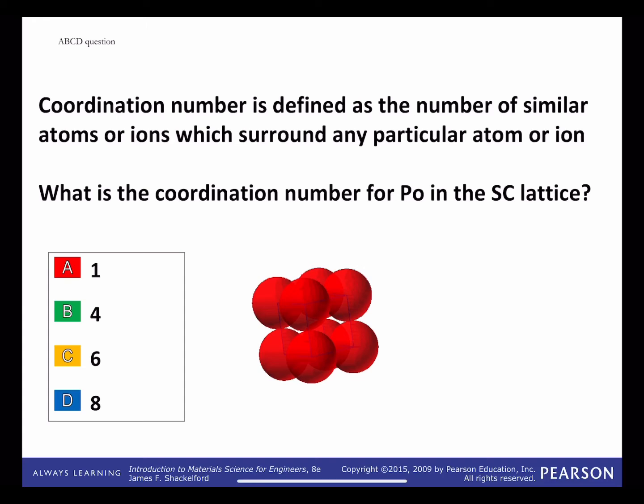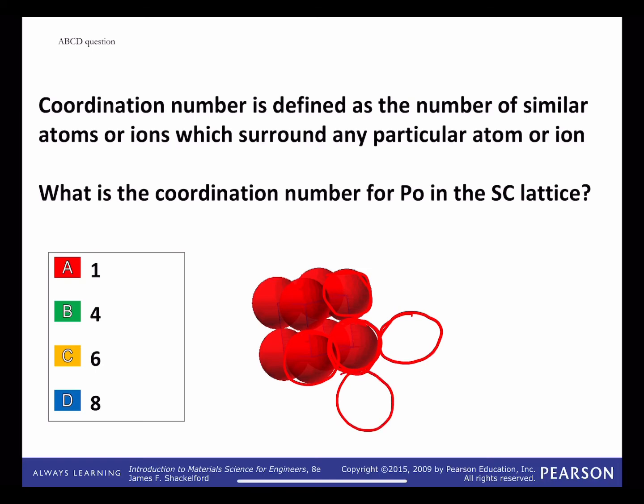Okay, so hopefully you were thinking about, say, for example, this sphere here, contacting a neighbor there and a neighbor there. So those 2 neighbors are easy to think about. Of course, one over into the next unit cell, and then one down into the next unit cell. So it looks like we've got 4 so far.